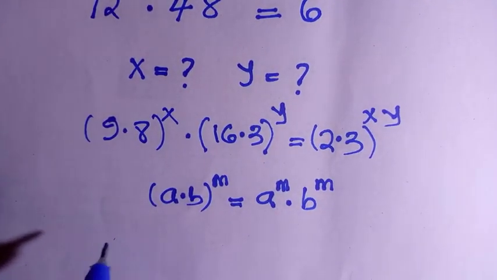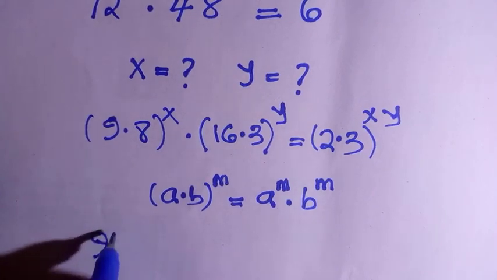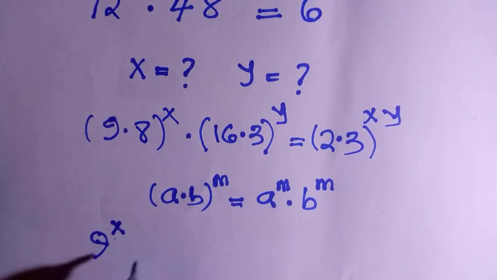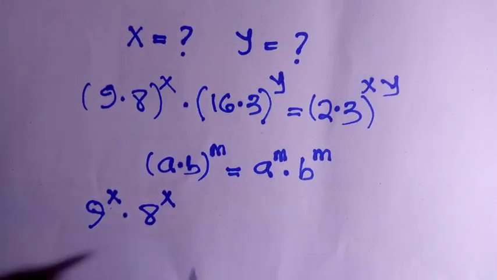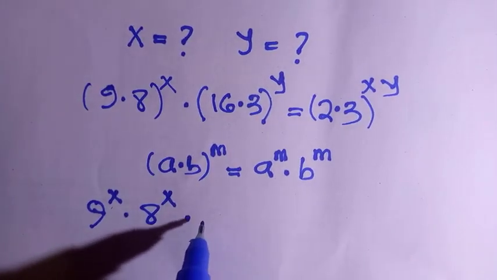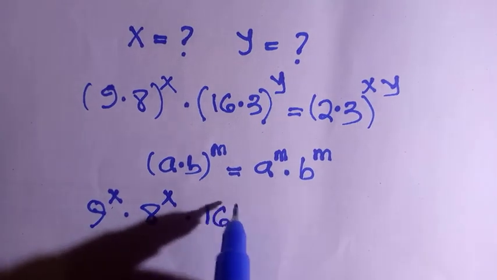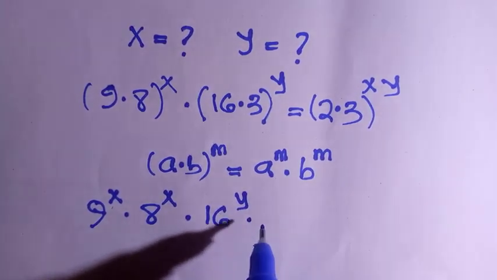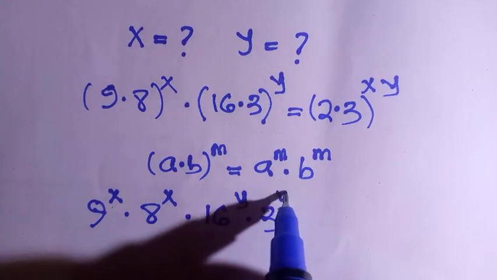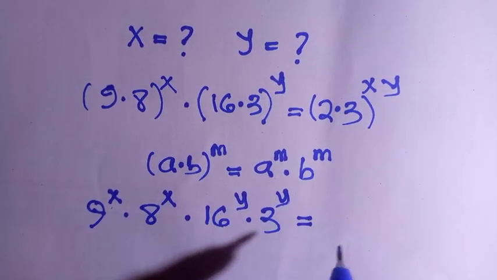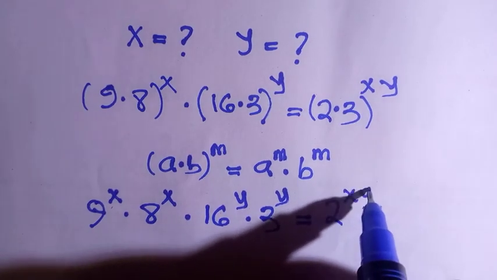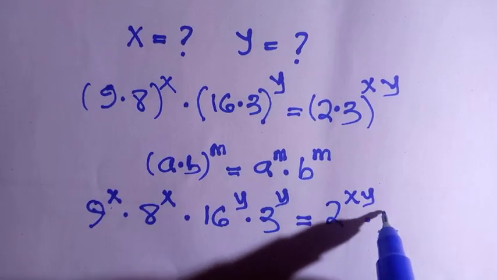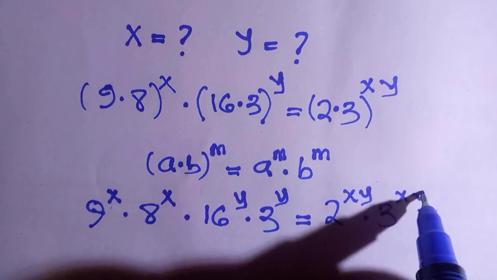So by applying it above, we have 9 to the power of x times 8 to the power of x times 16 raised to the power of y times 3 to the power of y equals 2 raised to the power of xy times 3 raised to the power of xy.